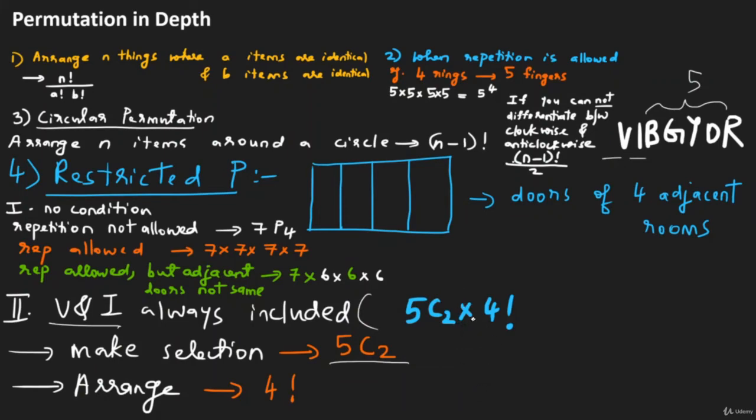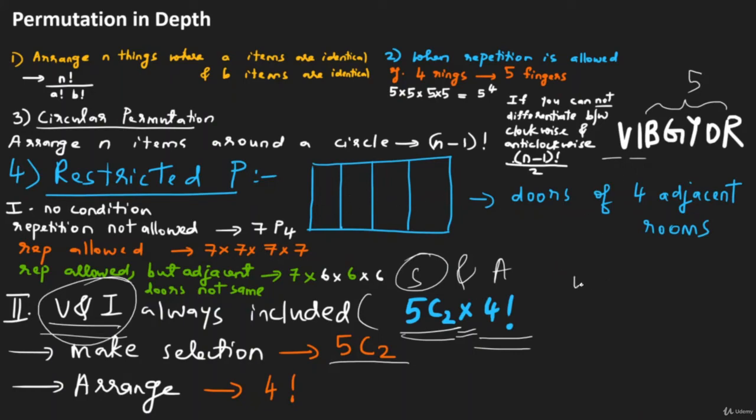And over here you have multiplication because it's and. It's making the selection and doing the arrangement. Over here, the selection is only of 2 colors and the arrangement is for 4 colors. And selection and arrangement can be done in 5C2 into 4 factorial ways, which is your answer when V and I is always to be included when you want to paint these 4 doors.